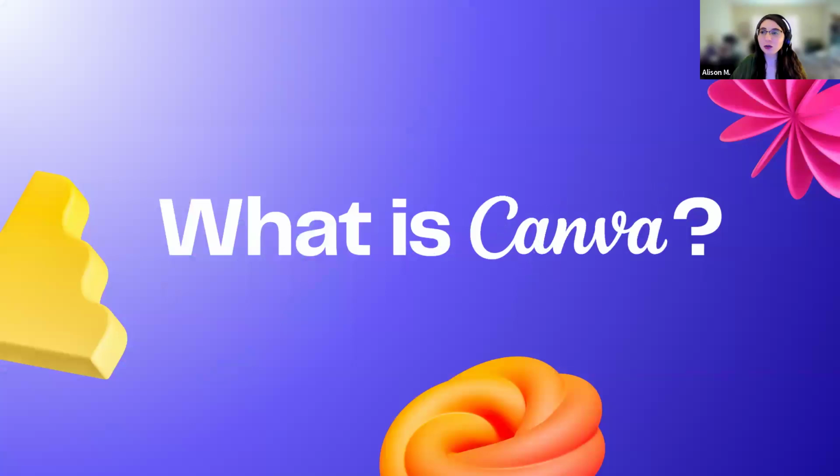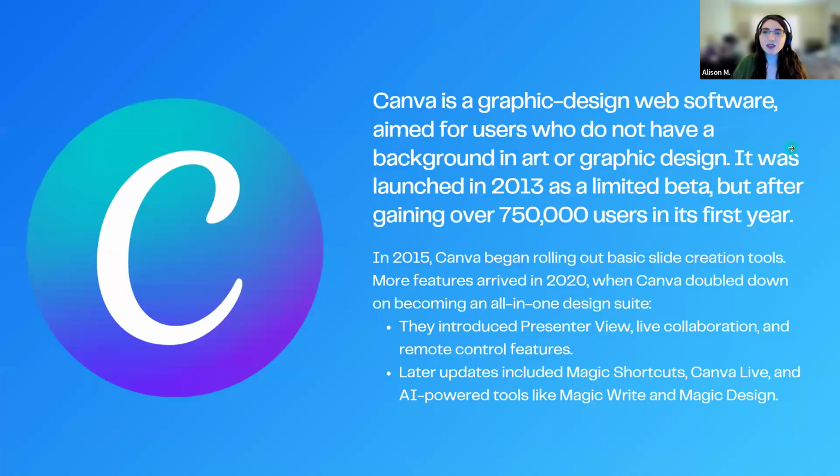All right, so first, what is Canva? Canva is a graphic design software aimed for users who do not have a background in art or graphic design, which is personally why I love Canva. I always famously tell people I come from a family of artists. My grandfather was a painter, my uncle was a painter, my sister's a graphic designer, and I just can't draw a stick figure.